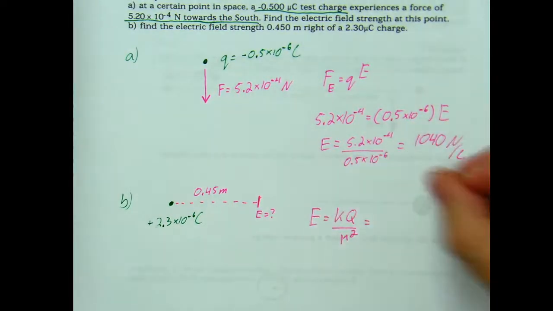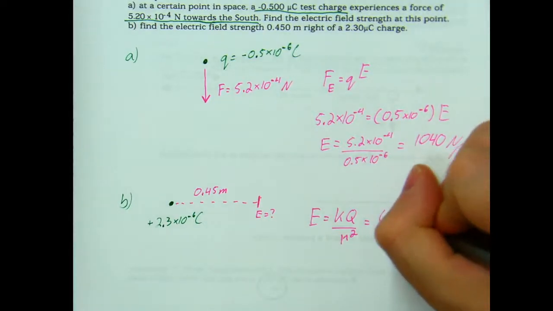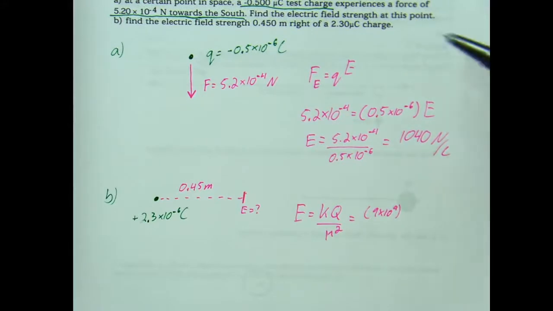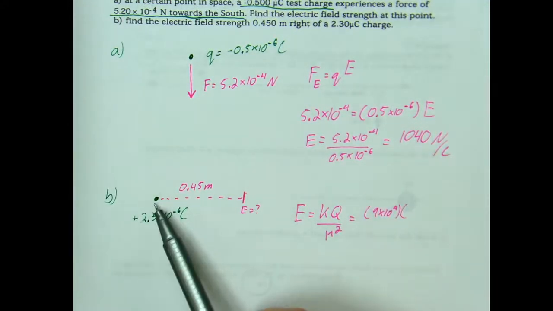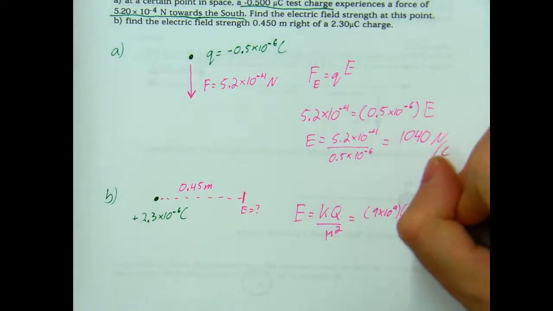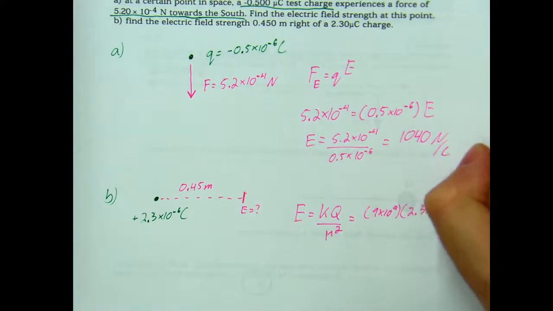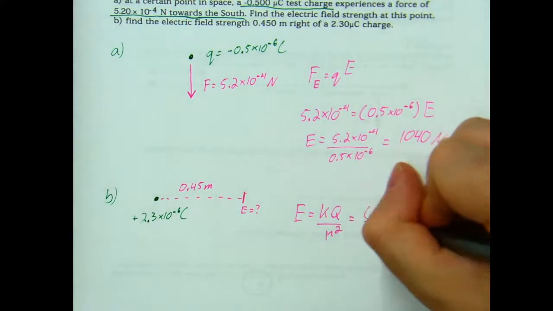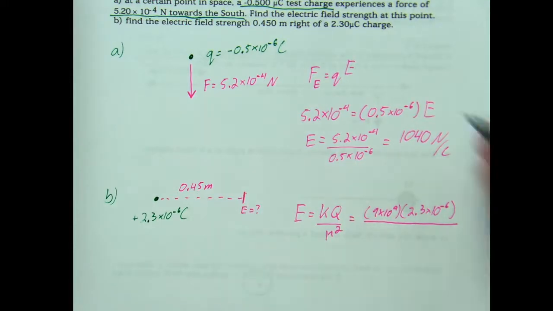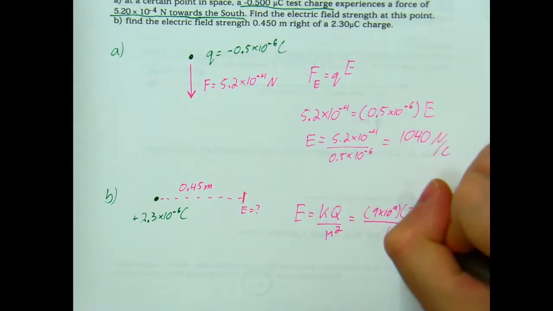K is a universal constant that we've got on our formula sheet, 9 times 10 to the 9. Q is the charge on the object creating the electric field, so in this case, that's going to be 2.3 times 10 to the negative 6. And the distance from that charge is 0.45 meters, and so that becomes our R in this formula.